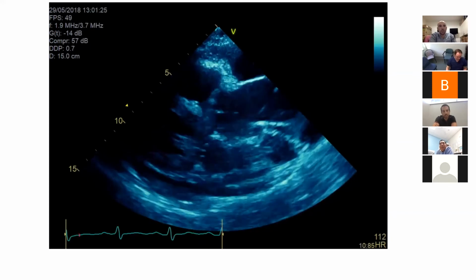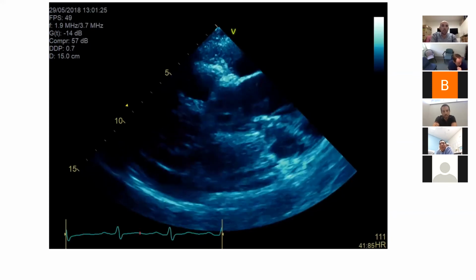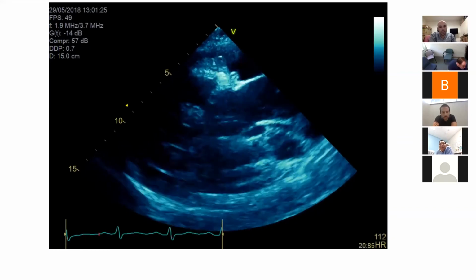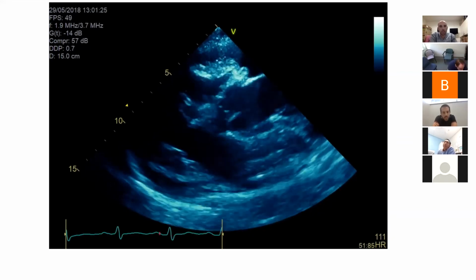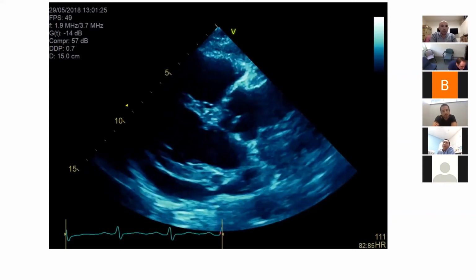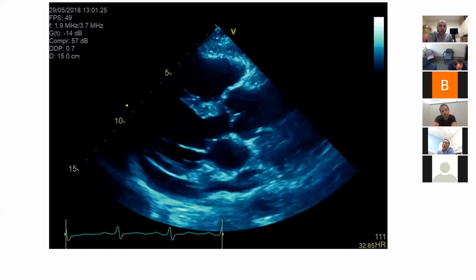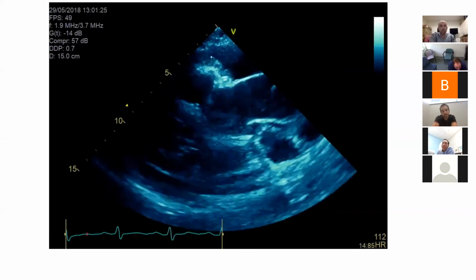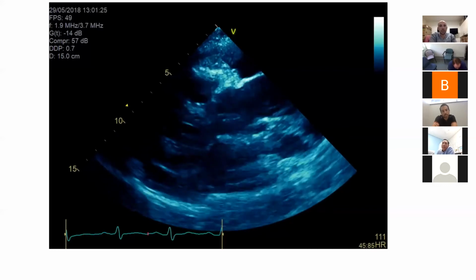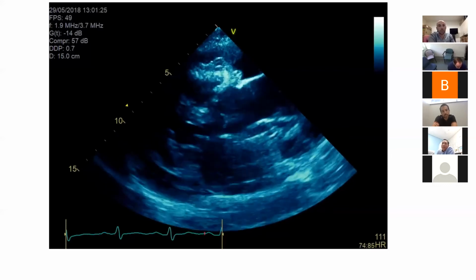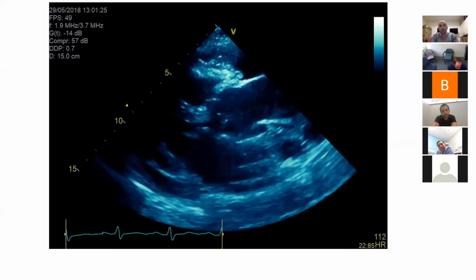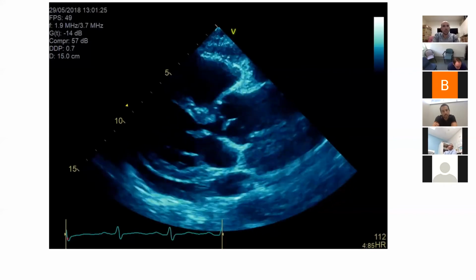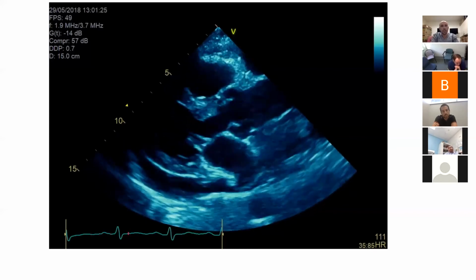So parasternal long axis, there is evidence of a pericardial effusion, which is circumferential and echo free, so could represent fresh blood or fluid. Sorry, it's very jerky.